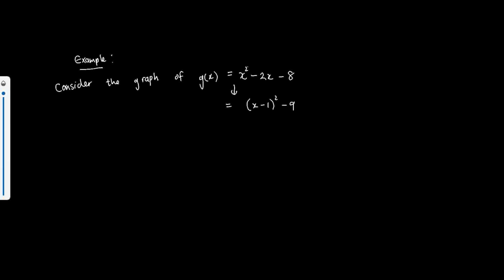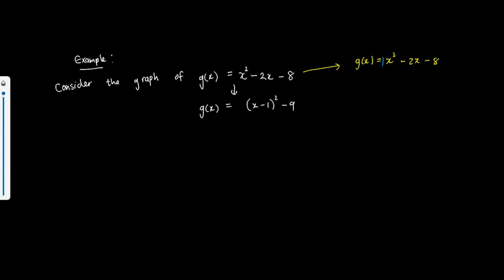Now you're probably wondering, how did I get from this step to this step? It's basically the same graph, just rewritten in the other standard form, which is y is equal to a times (x plus p) all squared plus q. If you're confused, let me quickly show you how that was done. We took our g of x graph and first ensured, which many learners forget to do, that the coefficient of x squared is 1, and in this case it is 1.